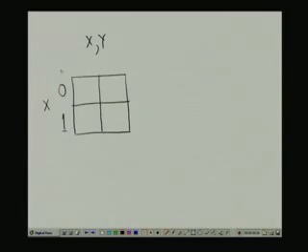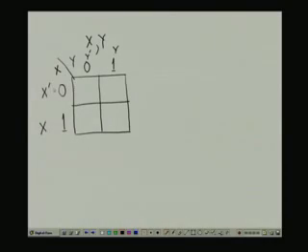Similarly, y can take, so if we put y here and we can put x here, then y can take also 0 and 1 here. So just now what we have seen, actually this is my y bar, this is my y, this is my x bar, this is my x.